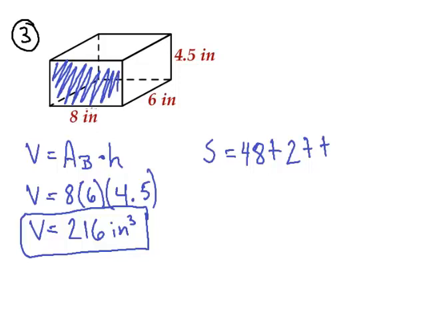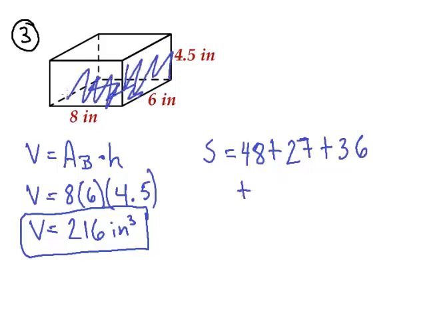The front is 8 times this. What is this? Well, that's a height. That will be 4.5 as well. So 8 times 4.5 will be 36. Plus.